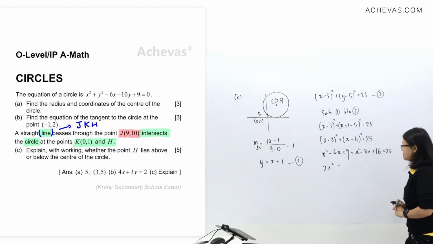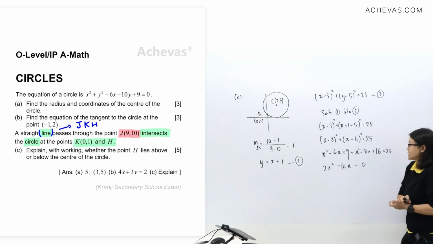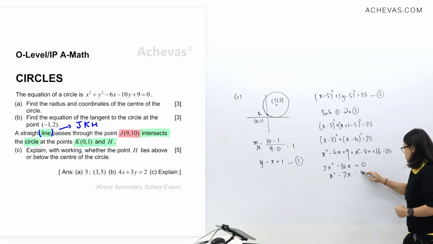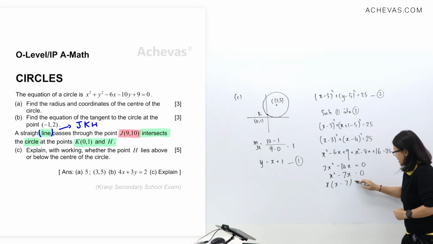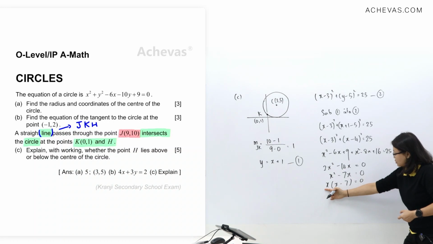Adding the x terms together, we have minus 14x. And then this is 25, this is 25, so we have 0, okay? Next step, you can divide by 2 if you want to. So I get this, and let's factorize x out. So I have x times x minus 7 equals 0.